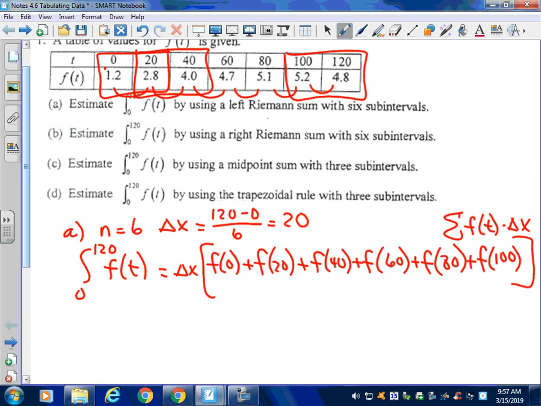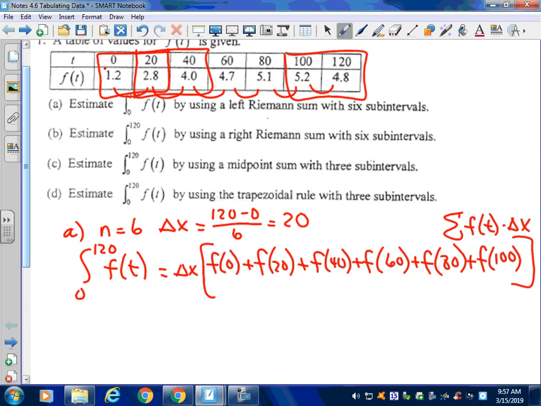Now, the reason I'm showing it like this instead of putting the delta x times each one is that it's just a shorter way of writing it. If I had a delta x on all of those, couldn't I take a delta x out as a GCF? So it's easier to write this way because the delta x for all of them is the same. If the space between your x's or t's, or whatever your variable for your domain is, is not the same, then you have to put it next to each one.